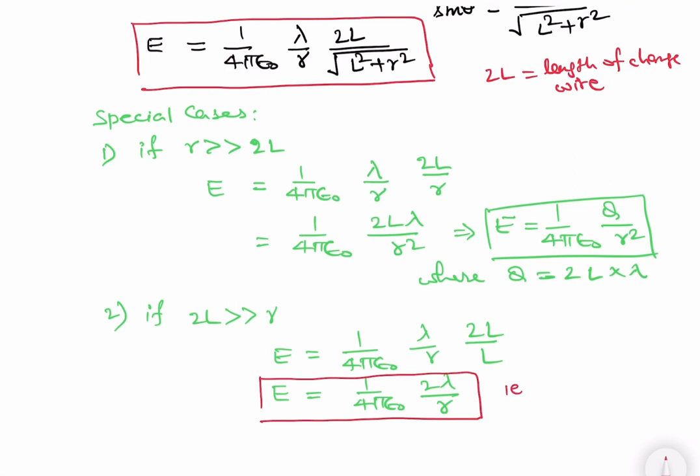That is, E is equal to 1 by 2 pi epsilon naught lambda by r. This is the case of the electric field due to the infinite charged wire.